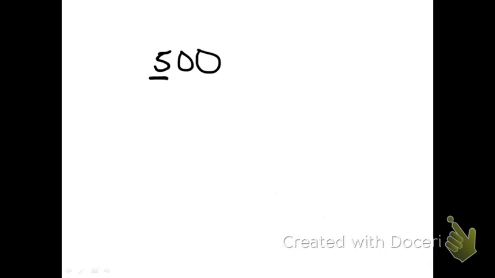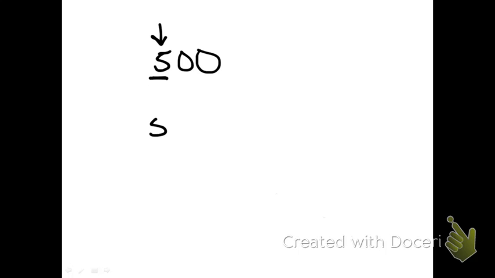Those other zeros are not significant, but they're still included because they're considered placeholders in my number. So where exactly is my uncertainty? What is my estimated digit? Well, it turns out it is the 5. The 5 is my only significant figure, therefore it must be an estimated number, and the zeros have no meaning. They are just simply placeholders.